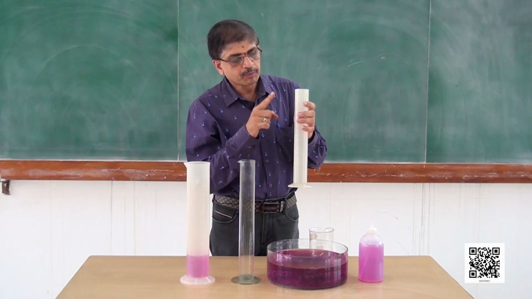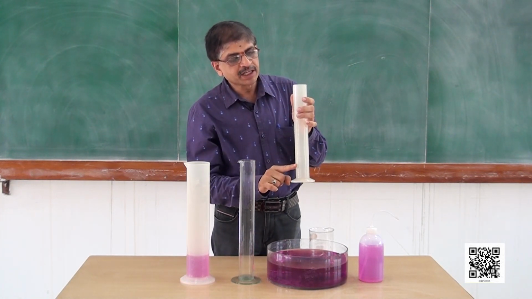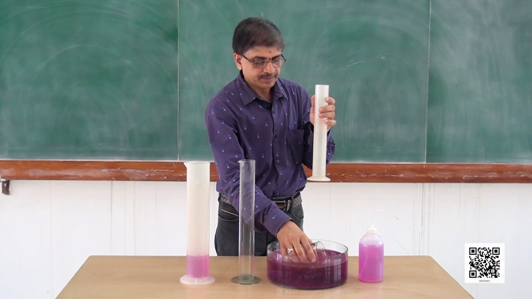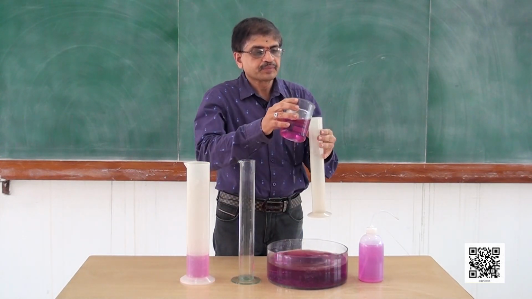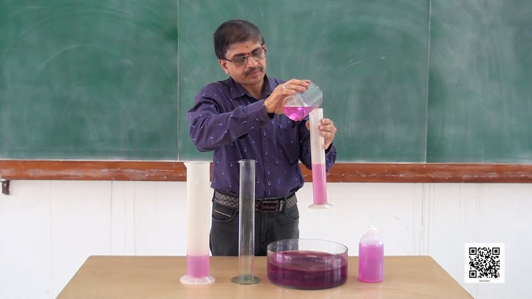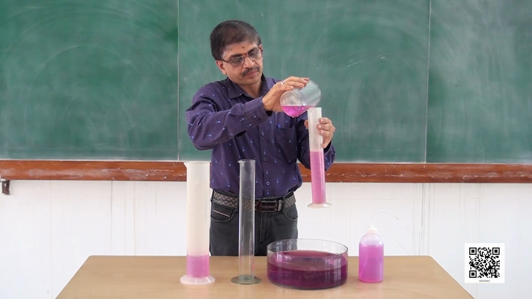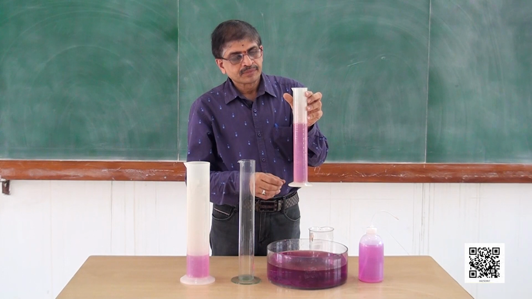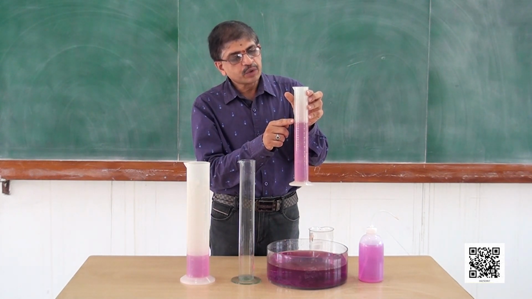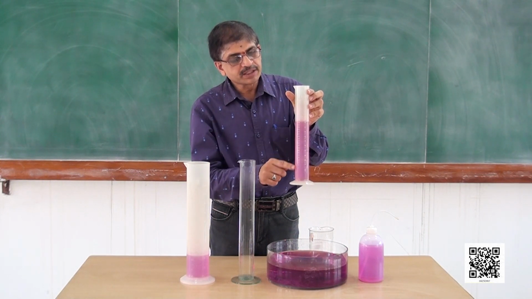Once again, we will pour water into this 250 milliliters measuring cylinder up to 250 milliliters measurement. Children, again observe carefully, we have taken 250 milliliters water into this measuring cylinder.